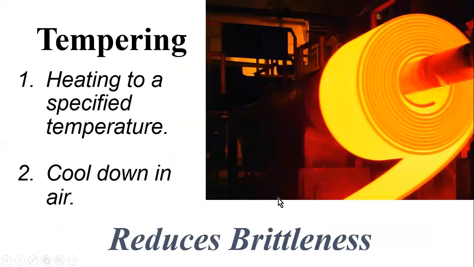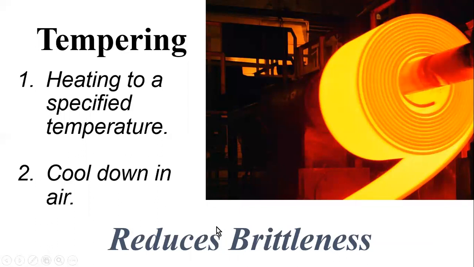The next one, tempering. Steel is tempered after being hardened, always is after being hardened, to relieve the internal stresses and reduces its brittleness. That is the best thing of tempering. If you temper a metal after you harden, you reduce the brittleness, so it will stay strong.